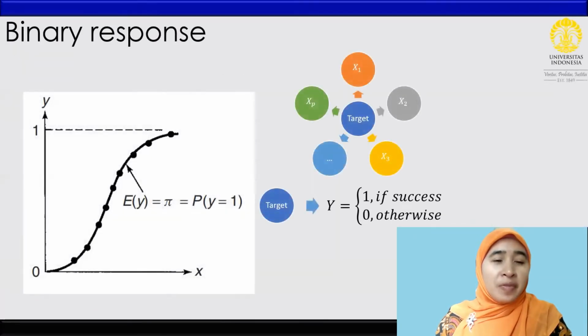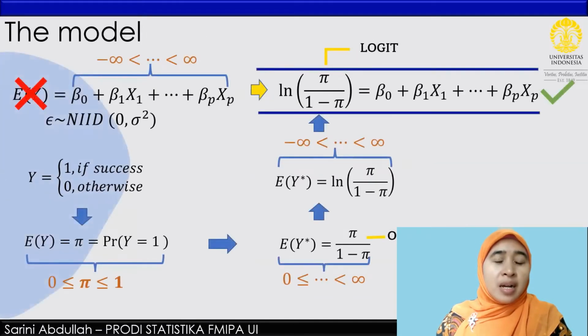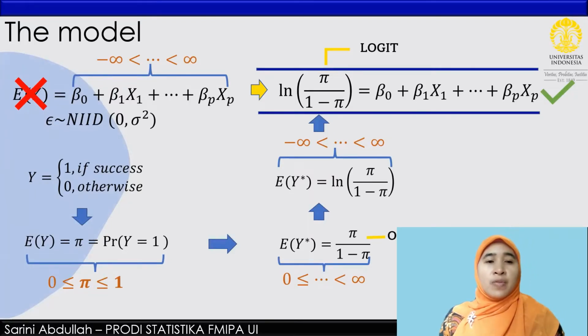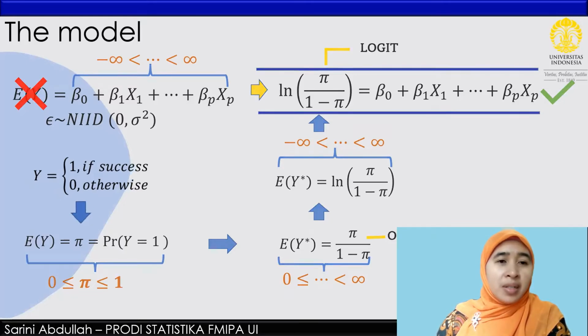So in the previous videos, we already discussed having a binary response instead of a ratio scale response for our regression model. We also discussed how to find a proper link function to connect that response variable with the predictors in the form of a linear multiple model, and we ended up with the logit link function.